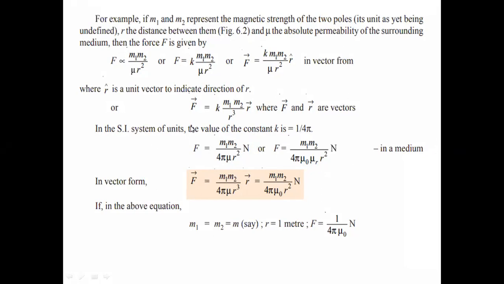If M1 equals M2, both pole strengths equal to m, and the distance between them is 1 meter, the force between the two poles is 1 by 4 pi mu naught newtons.